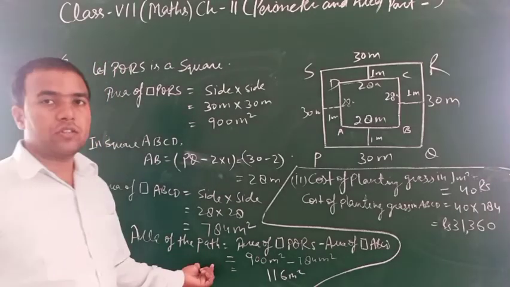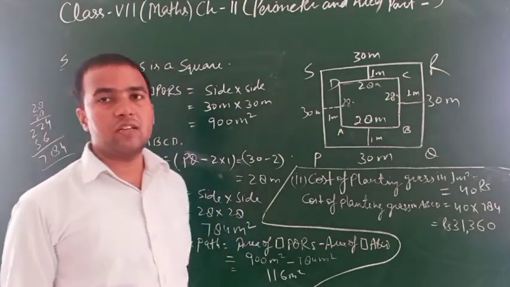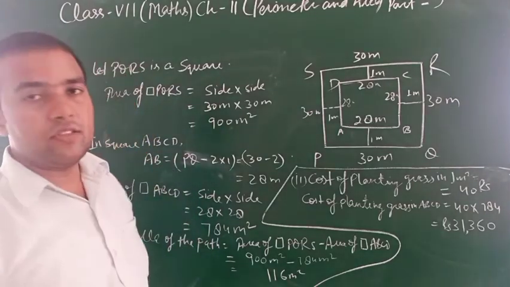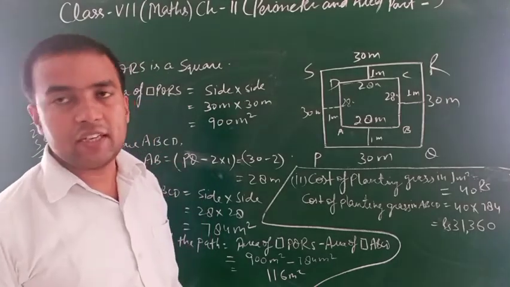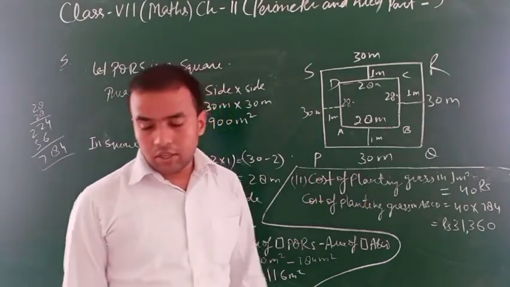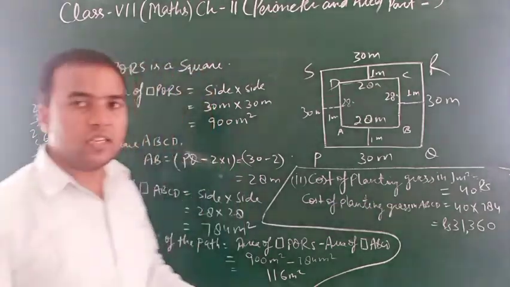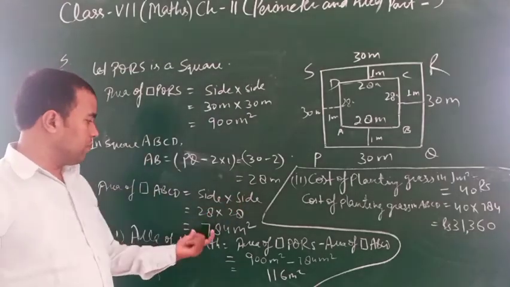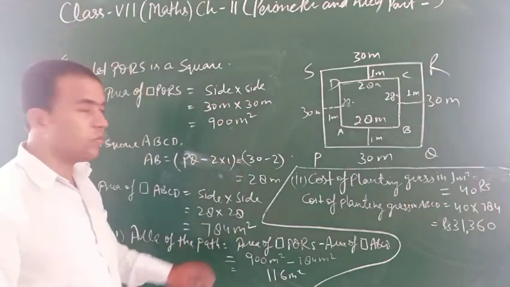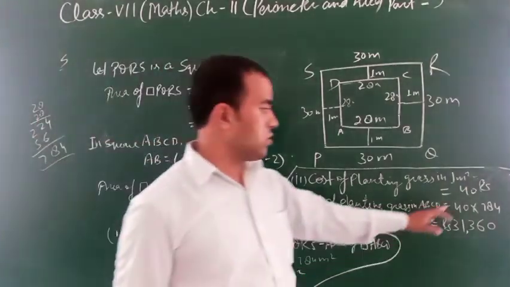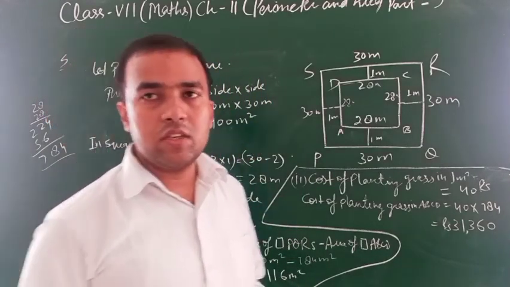The area of the path equals area of PQRS minus area of ABCD, which gives 116 meter square. For the second question, the cost of planting grass in the remaining part at 40 rupees per meter square: the remaining area is ABCD, equal to 784. 40 into 784 equal to 31,360 rupees.